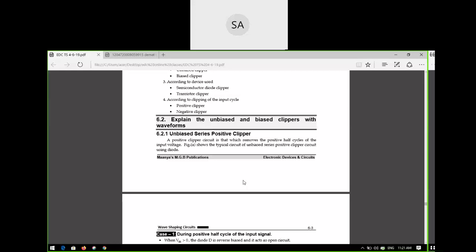Here, unbiased series positive clipper means you are applying it without any biasing, that means no external voltage, and you connect a diode in series. It clips off the positive half cycle, removing the positive portion of the input waveform. That is the reason it is an unbiased series positive clipper.